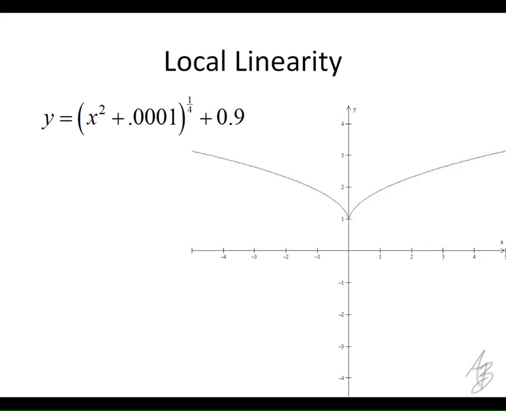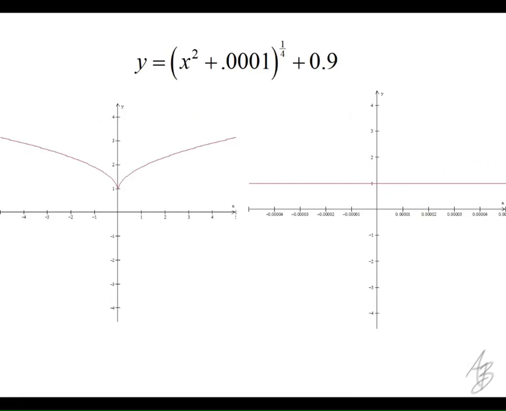This function right here is the function x squared plus 1/10,000th to the 1/4 power plus 0.9. Okay? If I zoom in enough on this function, and you can do it on your calculator if you want, you certainly don't have to, but if I zoom in on it enough, it actually looks like what? Looks like a line, doesn't it?